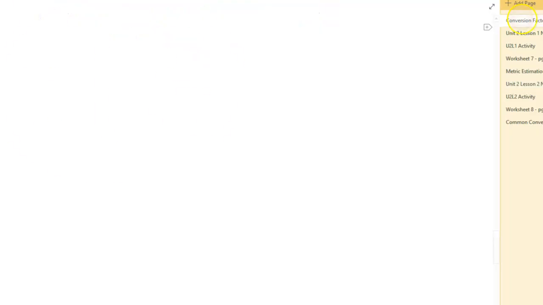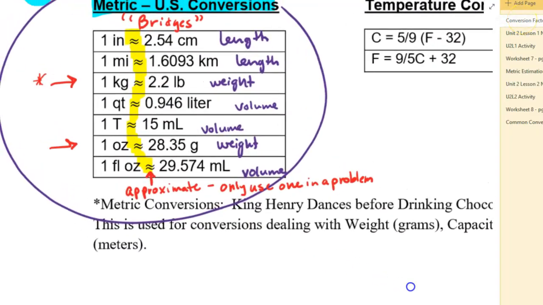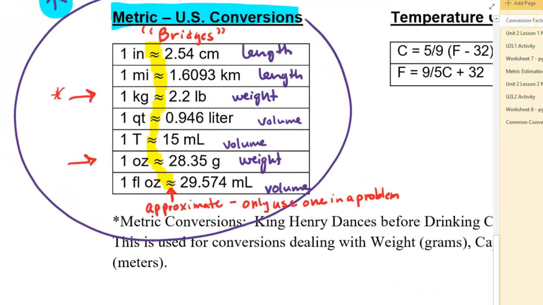So let's look at our bridges. So when we're talking about length, we have the first two conversion factors. So let's consider each one. Remember, we're trying to go from meters to miles. So if we wanted to use this first one, we would have to go from meters to centimeters.